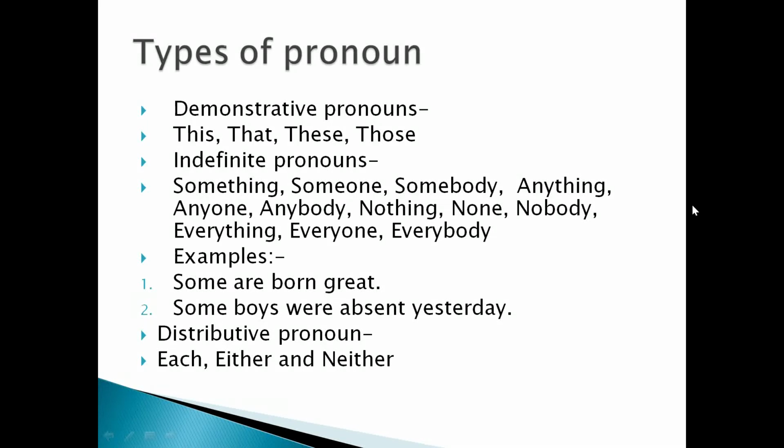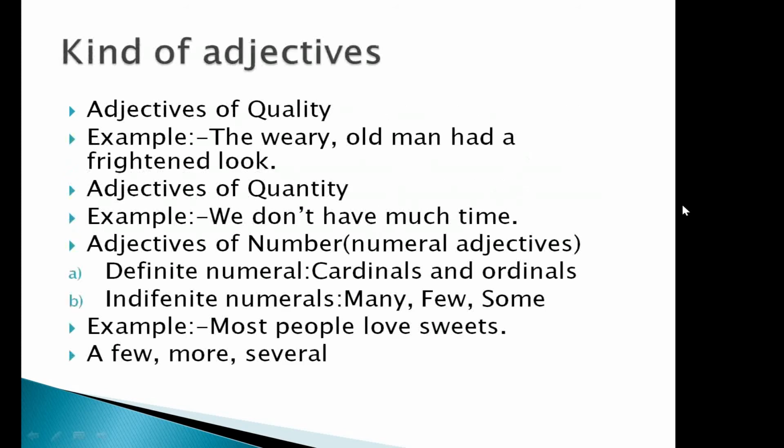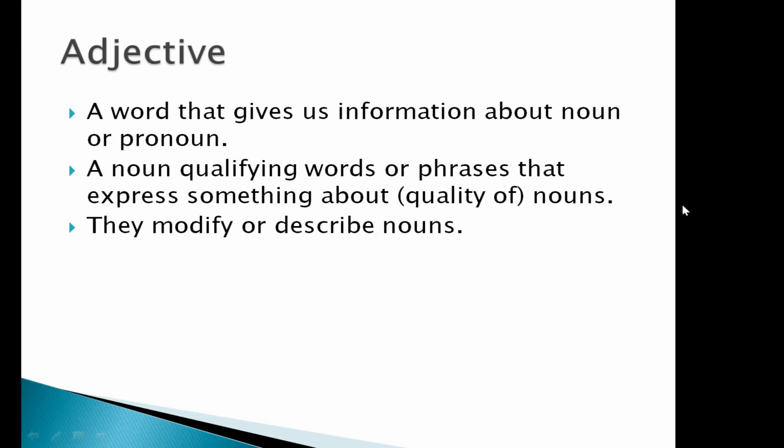Okay, the next part of speech is adjective. An adjective is a word that gives us information about a noun or pronoun. Now, have a look at this sentence, or you can note it down for your convenience. They drive an amazing big red sports car. Well, can you identify the adjectives in this sentence?